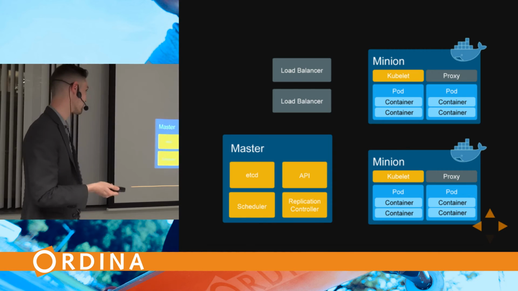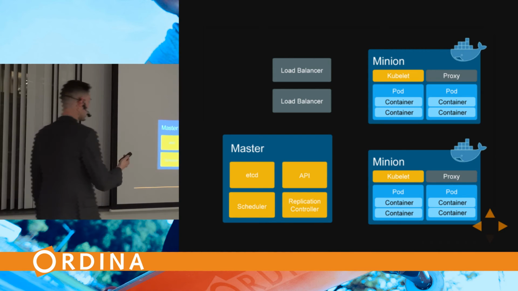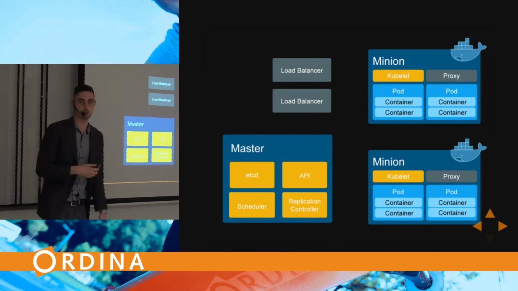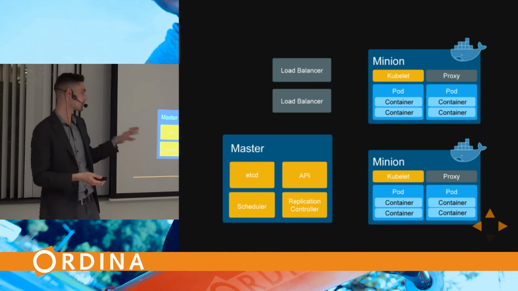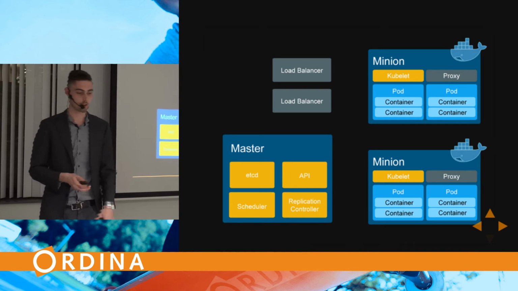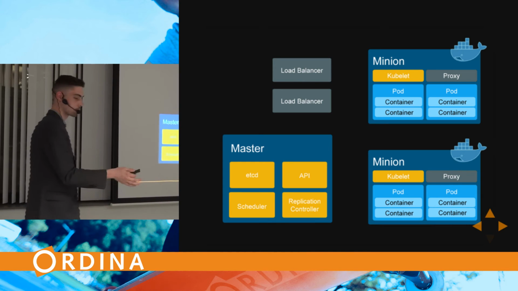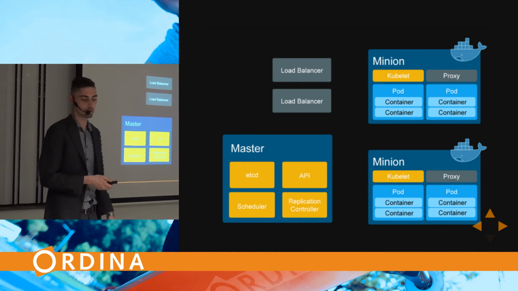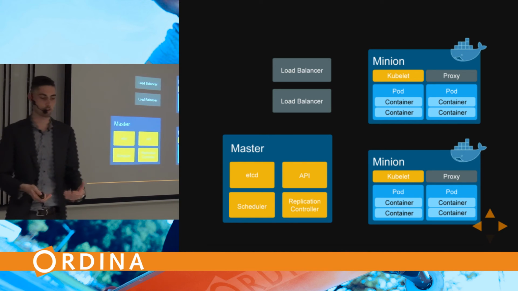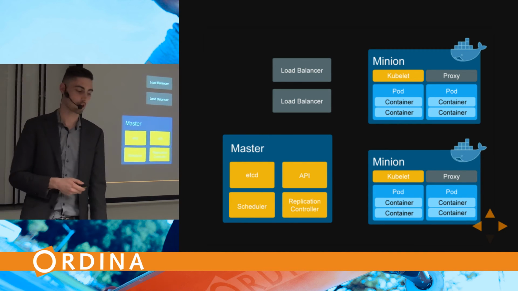It has a scheduler, so if you go to the master and say, hey, I want to run this pod, a pod being a collection of containers, like a service, it will figure out on which minion to deploy it, so which one's healthiest or has a certain affinity.